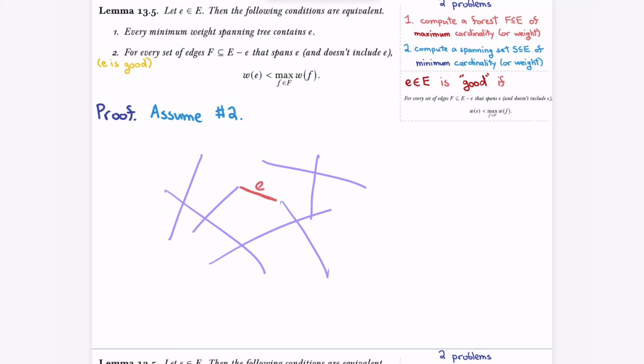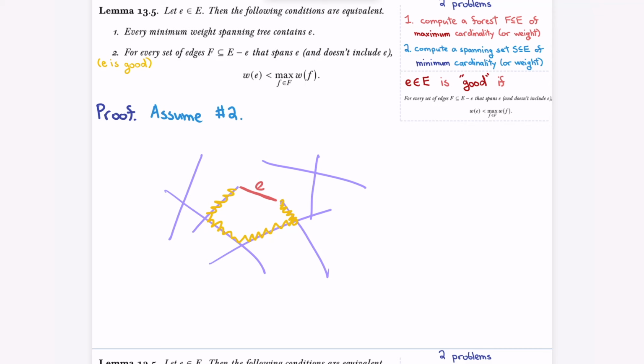Yeah, the tree being spanning must span E, which means there must be some path connecting the endpoints of E, right?